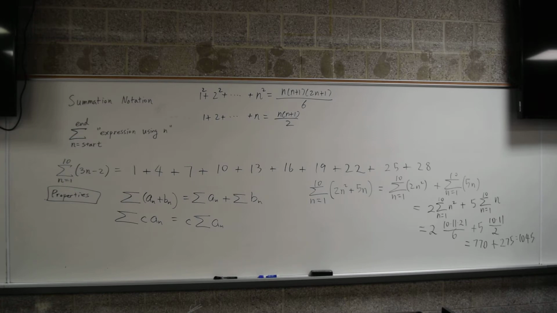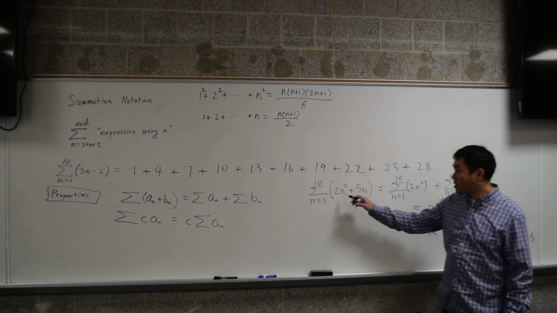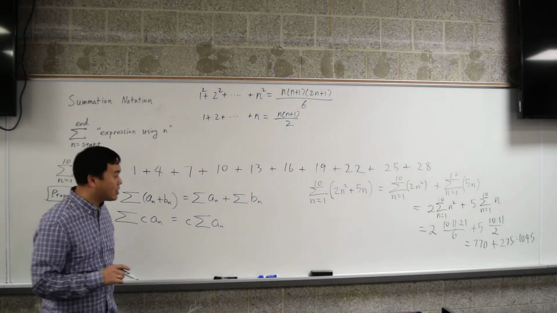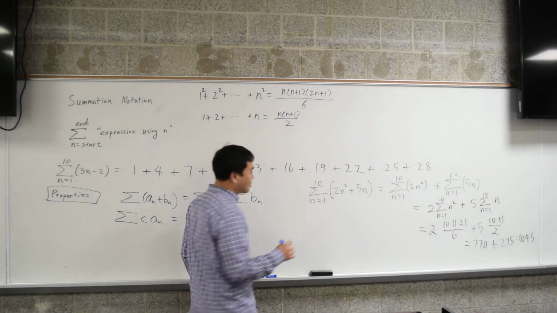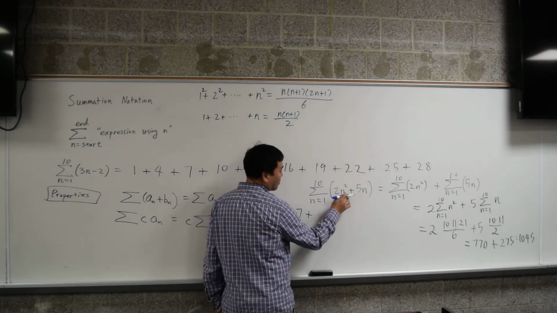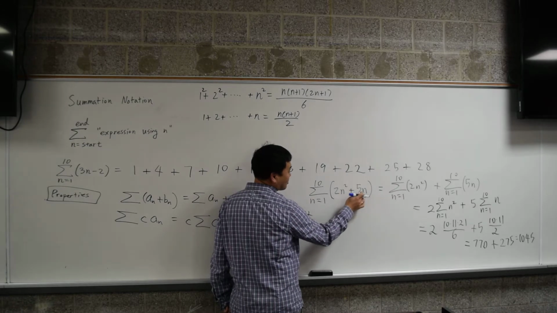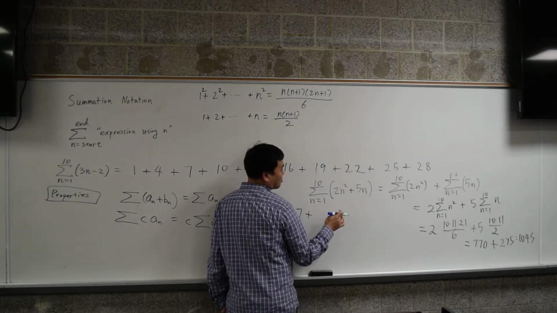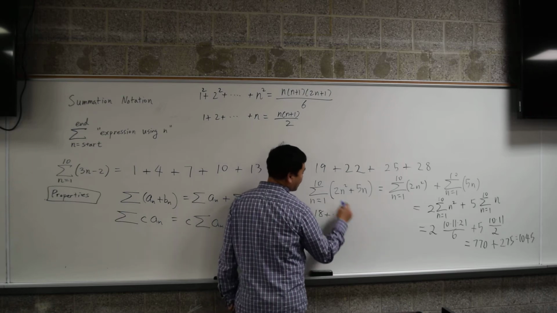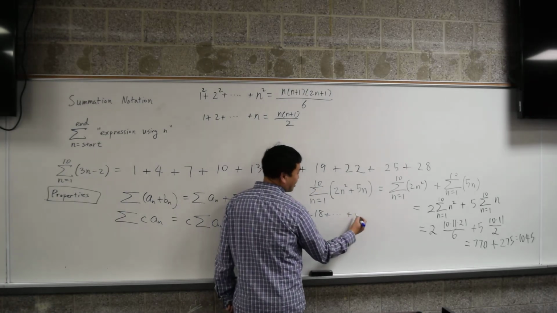Okay? Now, this is somewhat amazing because if you actually wrote down what this summation is, you would have had no idea that you could do such a thing. See, when n is 1, that's 7, right? When n is 2, that's 4 times 2, 8, plus 10, so that's 18. All the way until n is 10, which is 250.